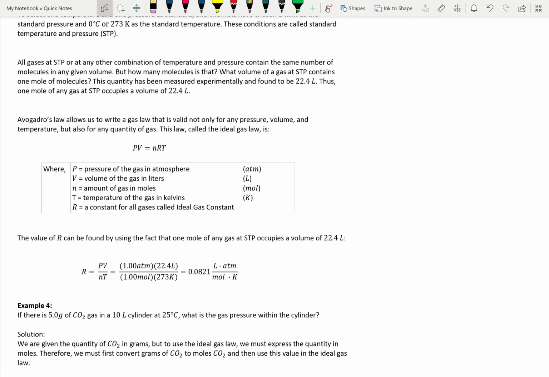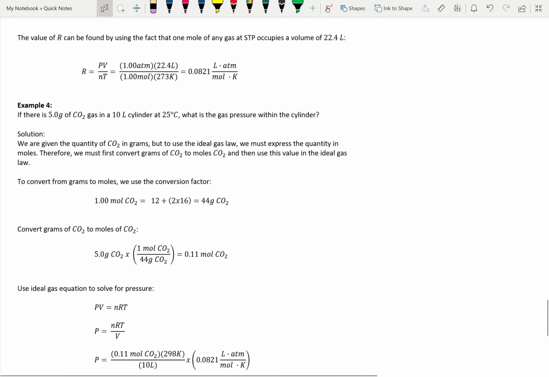Our volume is 22.4 liters, so when we rearrange our equation to get R alone and plug in all the values, we get that R is equal to 0.0821 liters times atmospheres over moles times Kelvin. This is a constant, so R will always be 0.0821.